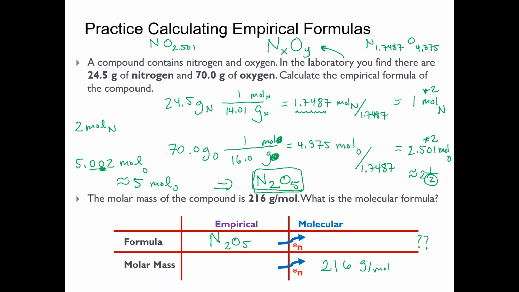So about 28 for our nitrogens and 5 of these oxygens. All right, our molar mass here, 14 plus 14 plus 16 times 5. Yeah, we get about 108 grams per mole.